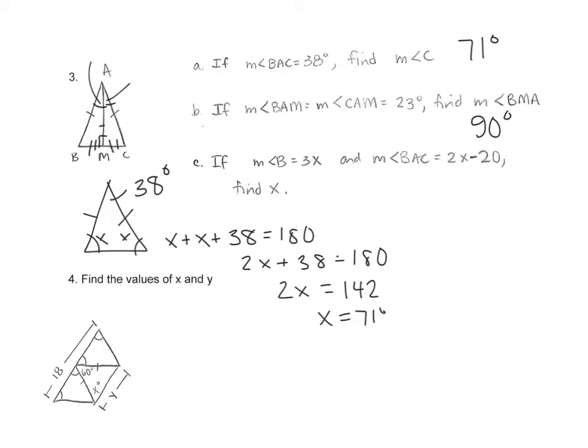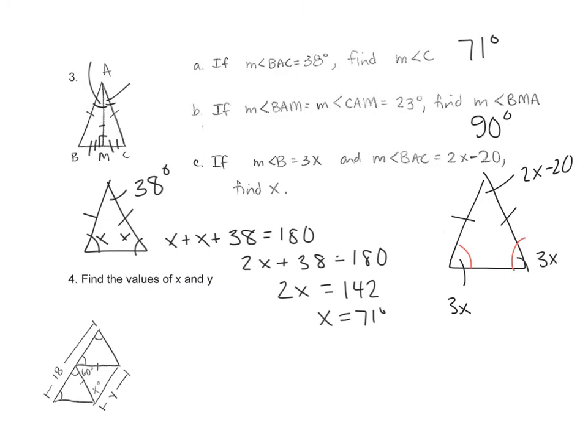And then letter C is, if the measure of angle B is 3x, and the measure of angle BAC, which is the top vertex angle, is 2x minus 20, find x. So I know these two angles have to be congruent because they're the base angles of an isosceles triangle. So this one has to be 3x.